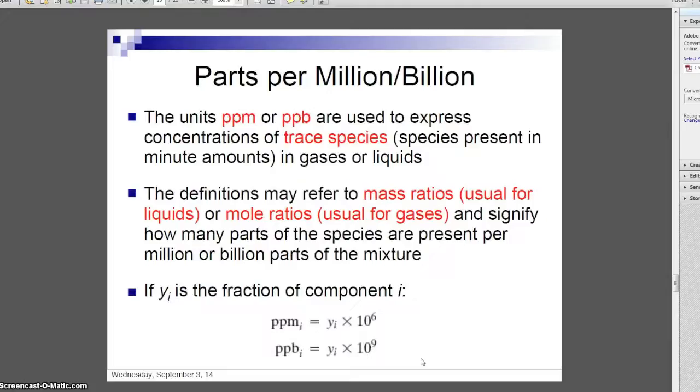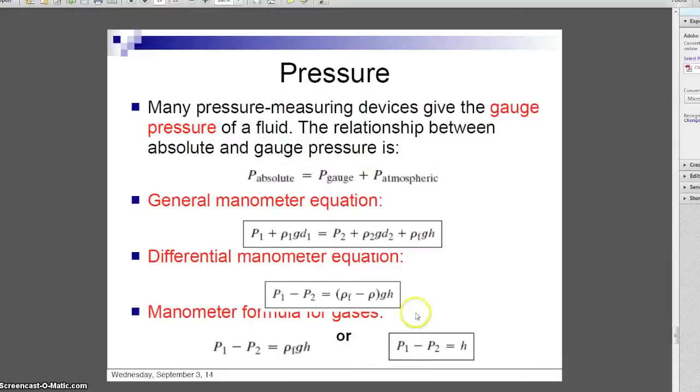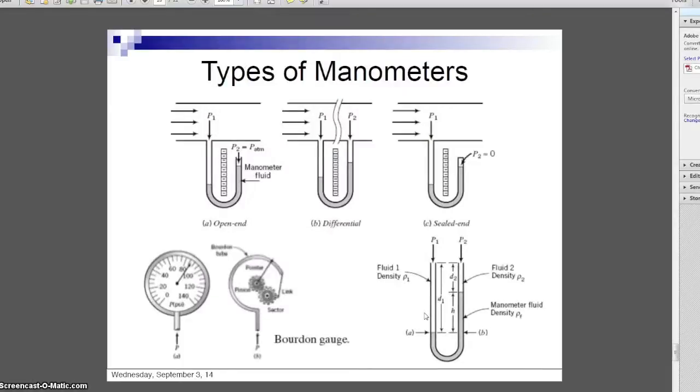And let's look at the pressure measuring devices. Let's look at the image. So this is a gauge, I think they call it a gauge.